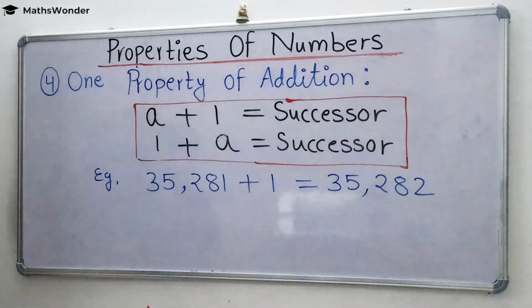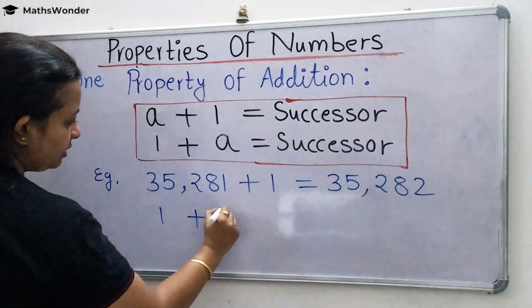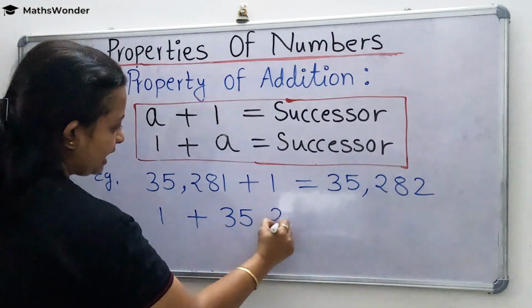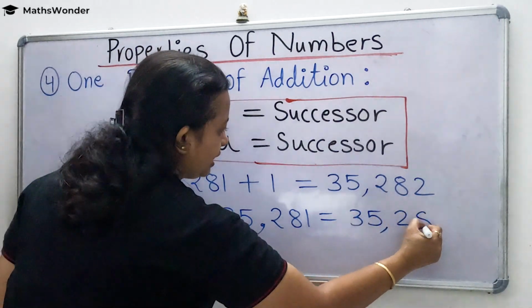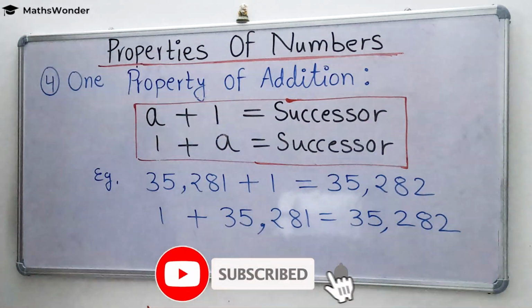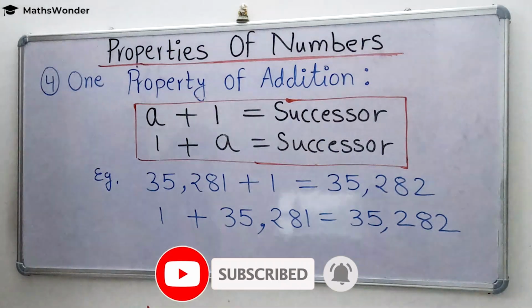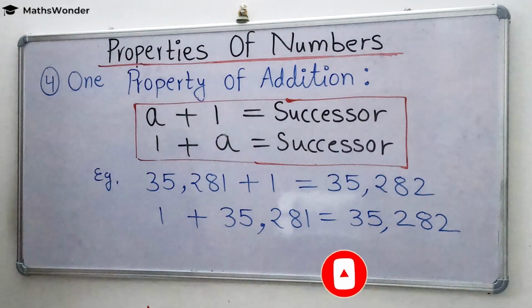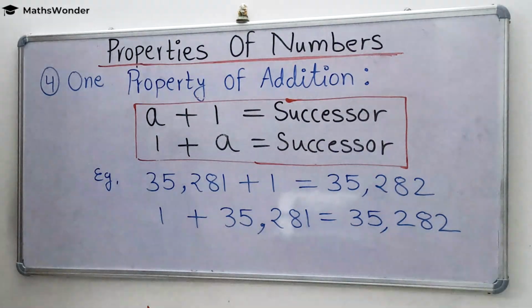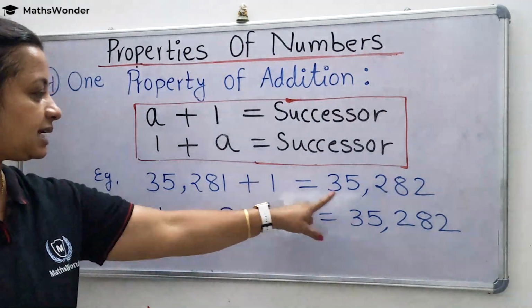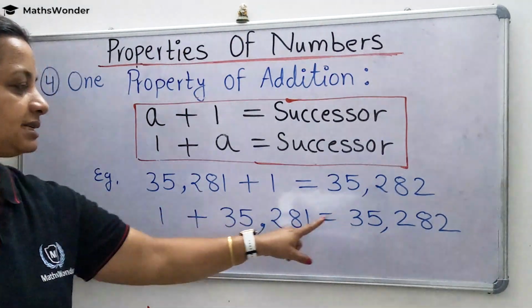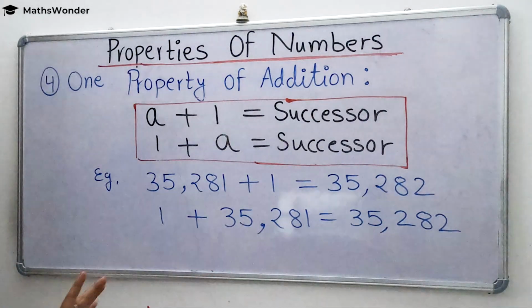Right? Same thing, if you do it in the reverse form, 1 added with any number, then we'll get 35,282. So what is the conclusion here? If 1 is added to a number, the result is the successor of the number. So this is the successor of this number. So the conclusion is this.